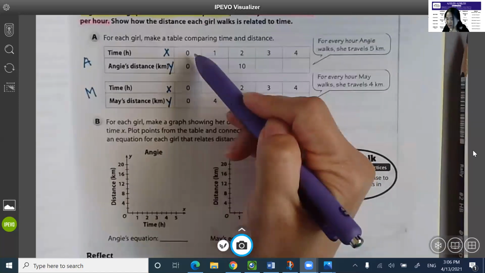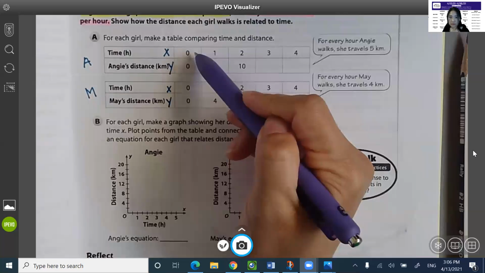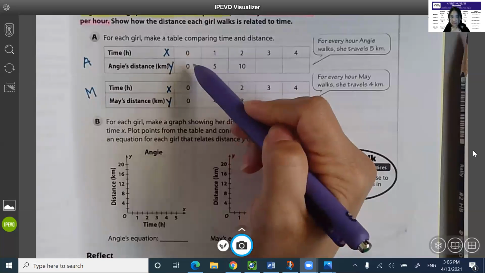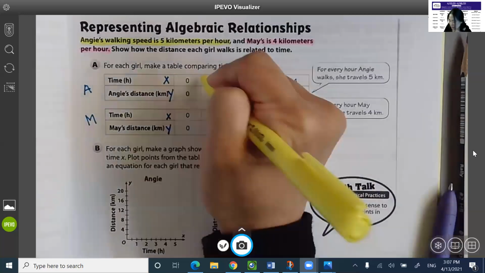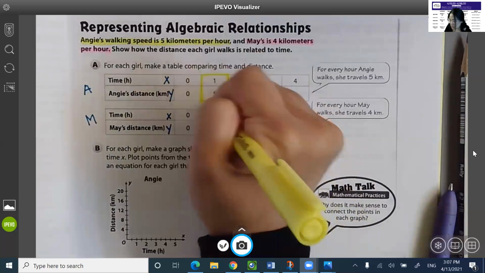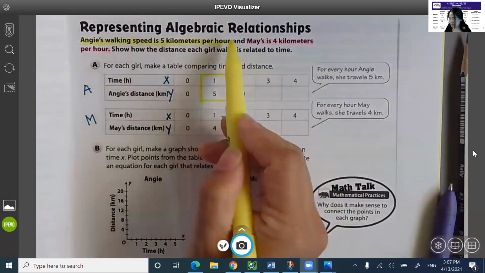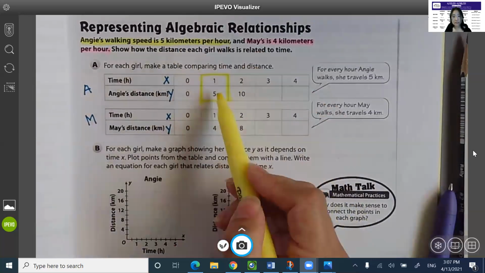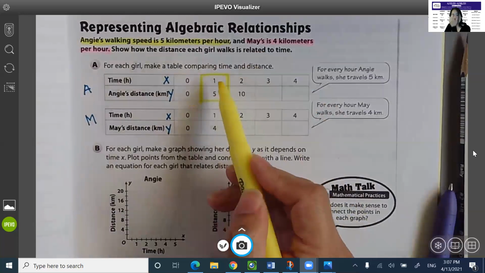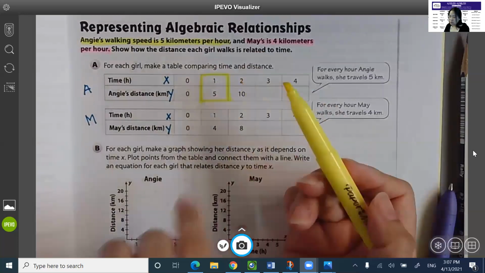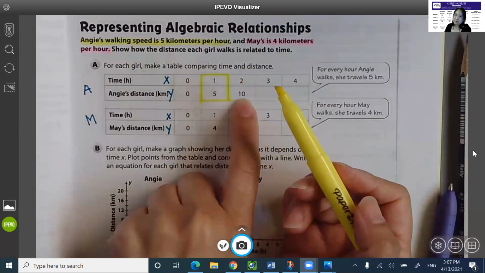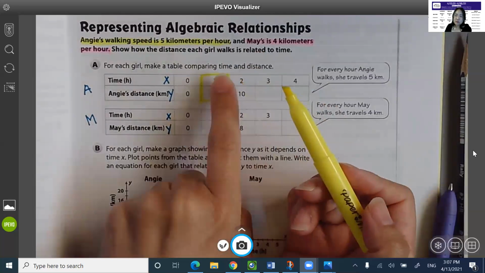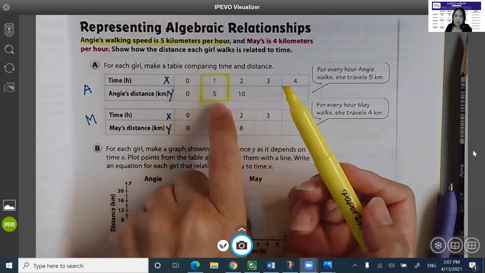Obviously, 0 hours, 0 distance. Now this one right here is the one that is given in this information. It says 5 kilometers per hour, 5 kilometers in 1 hour. Okay, so then 2 hours, 10 kilometers. How did you get that information? What is the relationship between x and y?